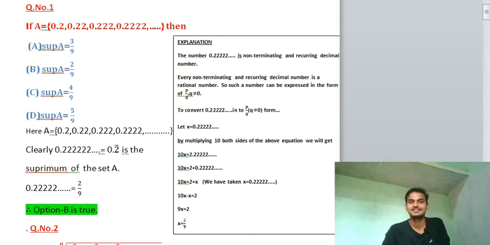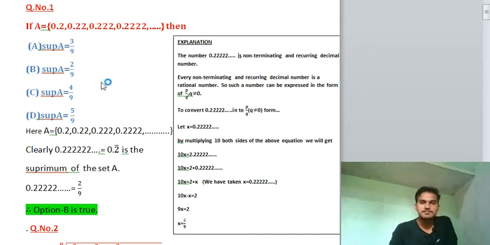You can check it. I have also explained here how this 0.2222, which is a non-terminating and recurring decimal number, can be converted into p by q form where q is not equal to 0. How we will convert this into a fraction.